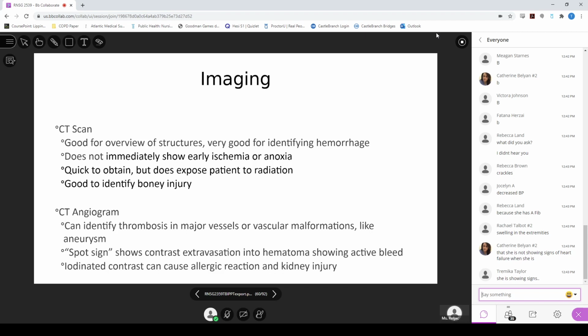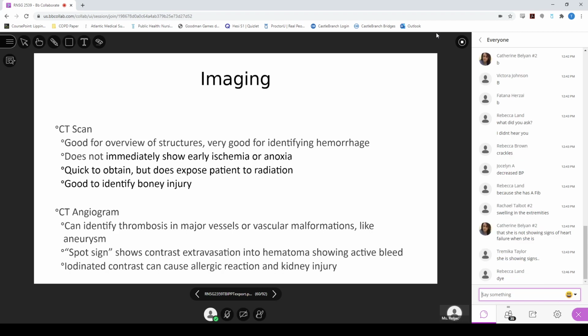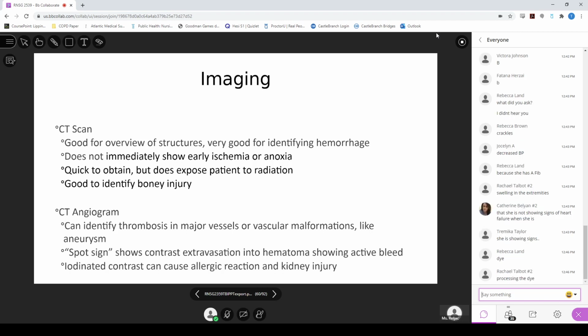There are some patients this would not be okay for, those that have any type of shellfish allergy or kidney injury. Why wouldn't this be good for a patient with kidney injury? Yeah, the kidney would have to filter and process that dye, and it would not be able to do it. Too much work on an injured kidney. Okay.